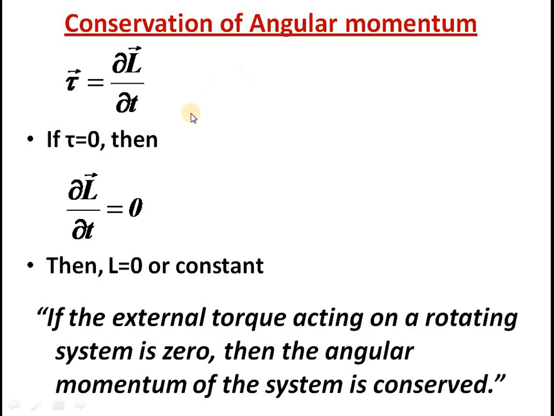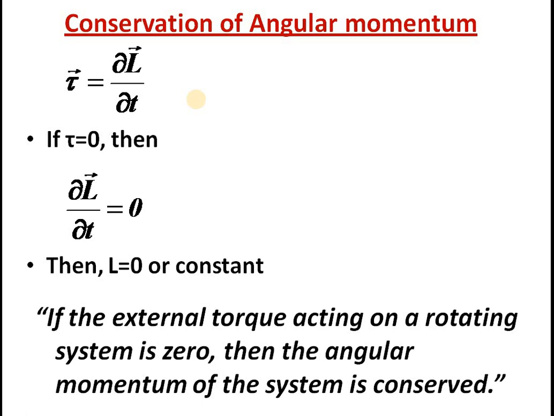A similar law exists in linear motion also. If the external force acting on a moving system is 0, then the linear momentum of the body is conserved. You have studied such a principle in linear motion. Suppose you take the case of a train. We are talking about an almost ideal case. Suppose a train is moving with a constant velocity on a straight railway track. Assume that the track is very smooth.